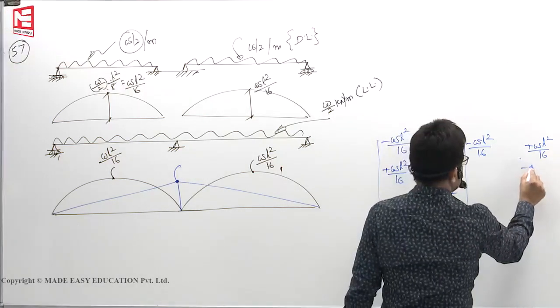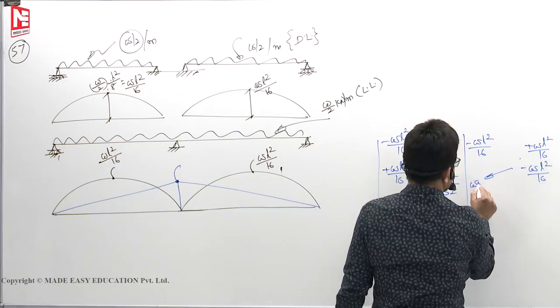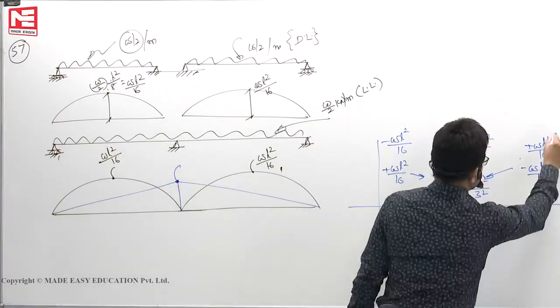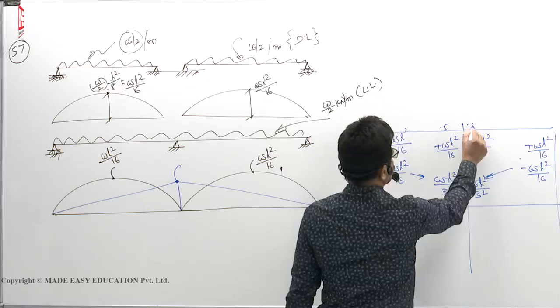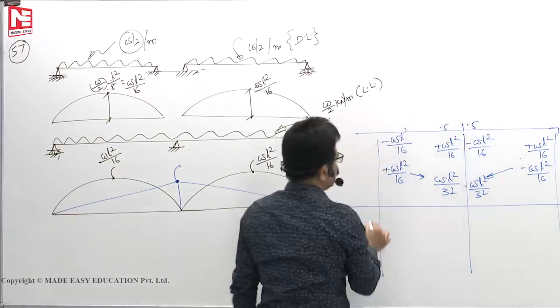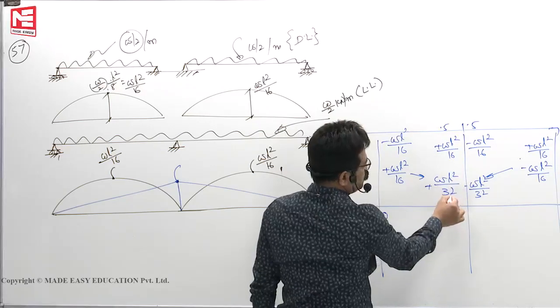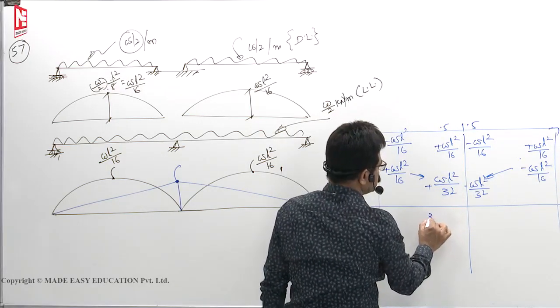Here release minus WL square by 16, half of that minus WL square by 32. So the entire story, we don't have to write distribution factors 0.5 etc. We are not interested. This is 0. This is plus 32 common factor. If I take it, 2 plus 1, 3 WL square by 32.